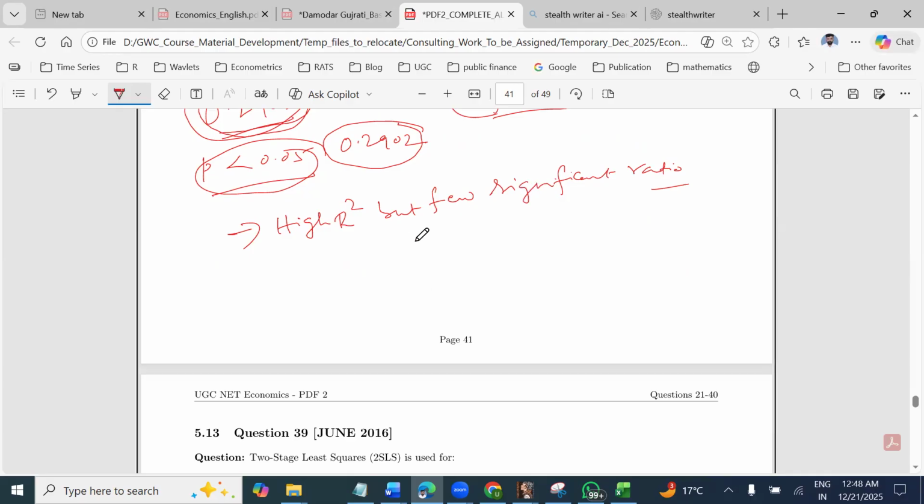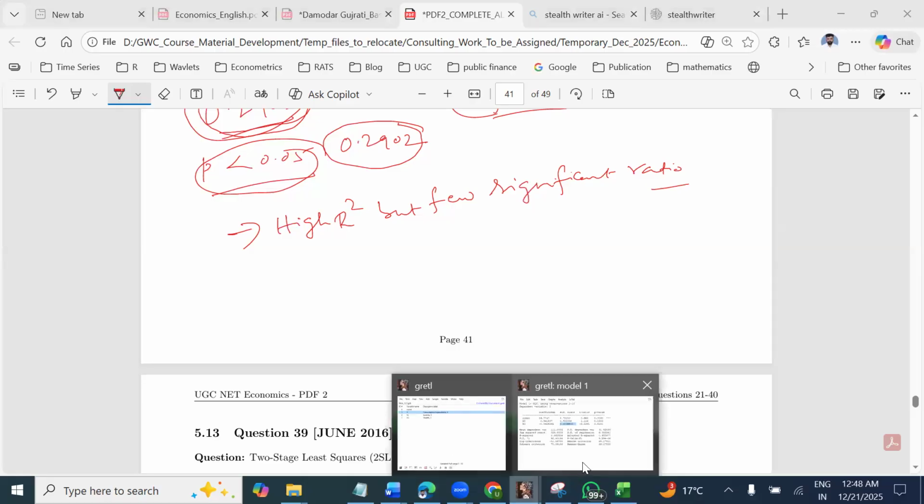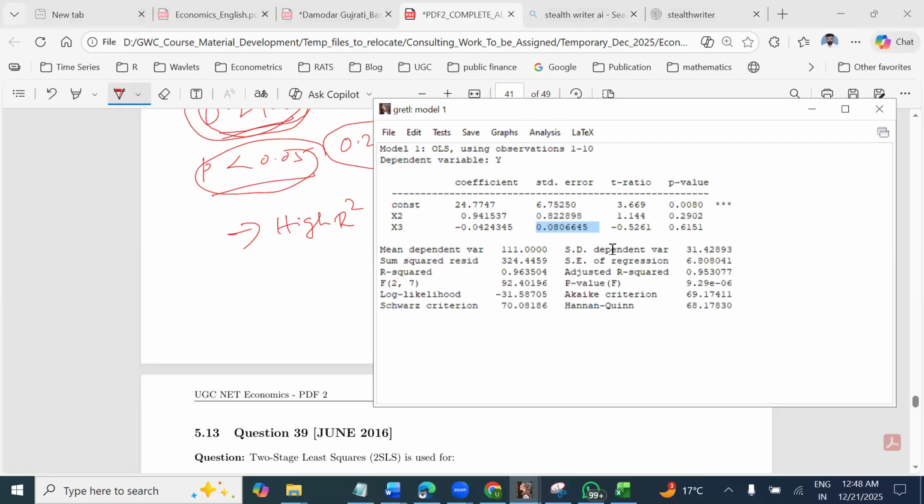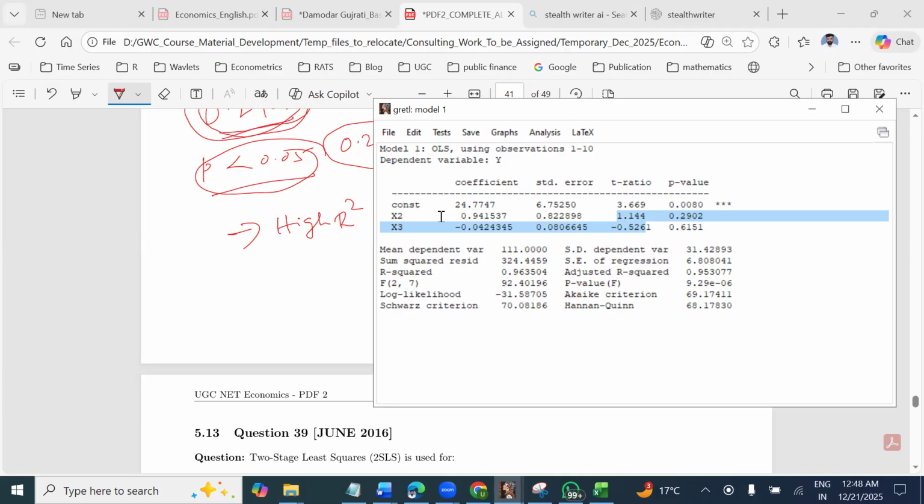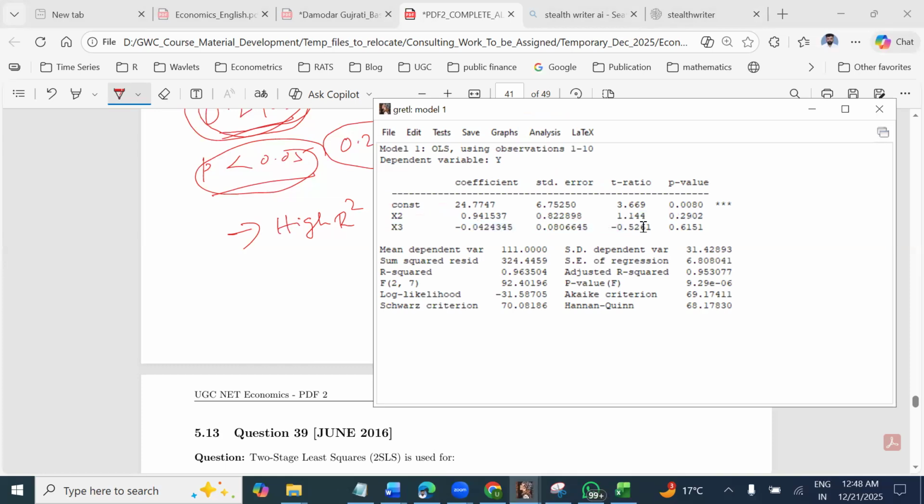Sir, high R square is clear, but the T ratio. Few significant T ratio means the T ratio is not statistically significant. Among these three, we have estimated beta 1, beta 2, beta 3. Beta 2 and beta 3 are statistically not significant. Understood?